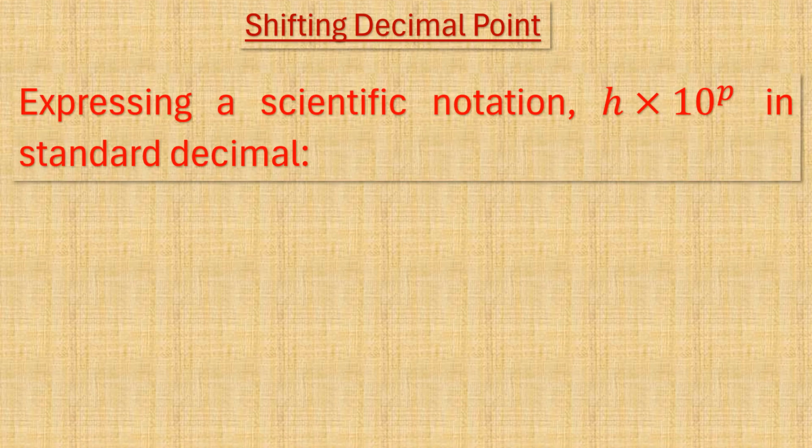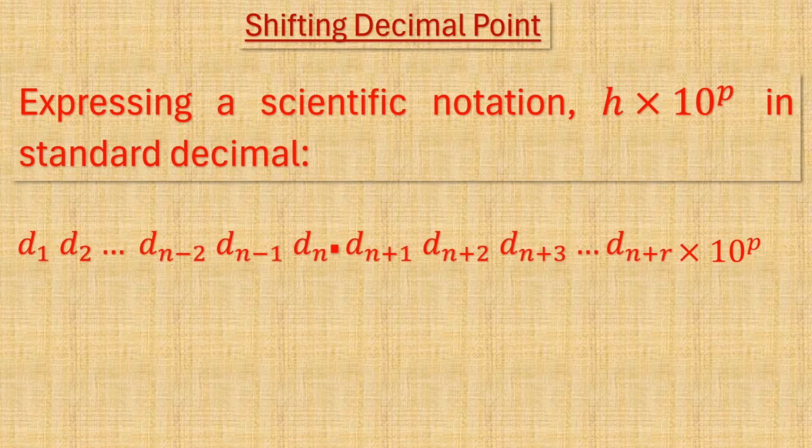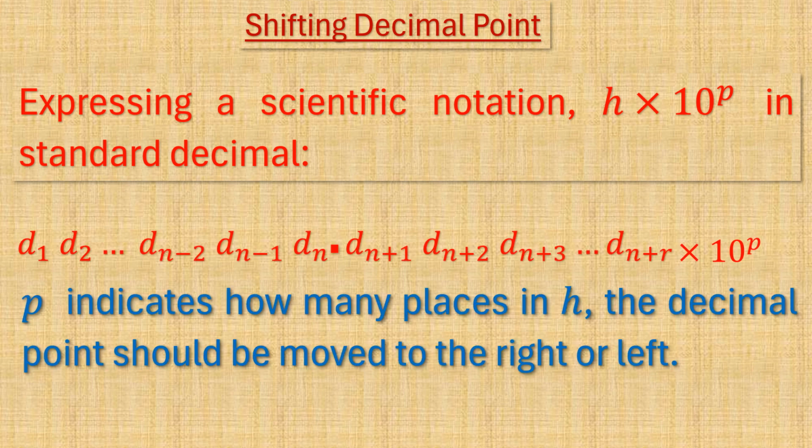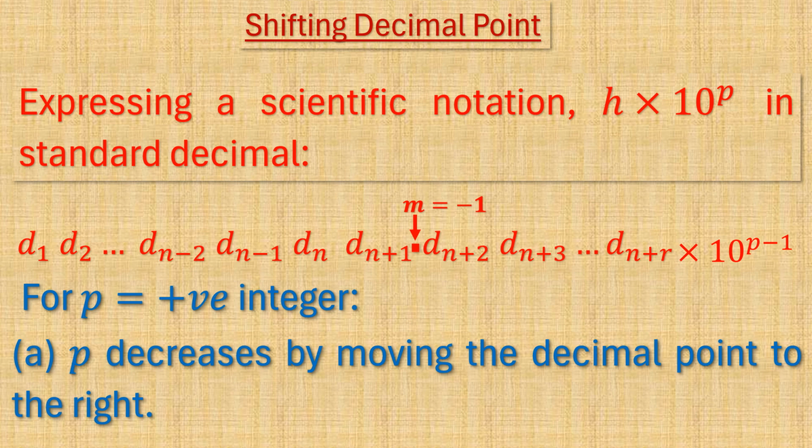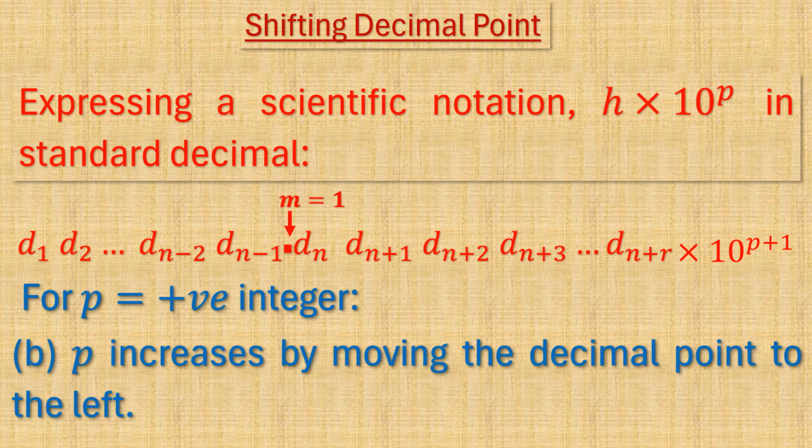Expressing a scientific notation, h times 10 to the power of p, in standard decimal. P indicates how many places in h the decimal point should be moved to the right or left. For p equals positive integer, p decreases by moving the decimal point to the right. P increases by moving the decimal point to the left.